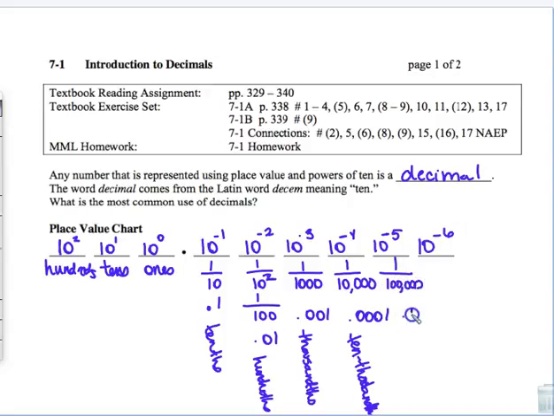Decimal point would be 0.00001, and that's why this is called the hundred thousandths place.